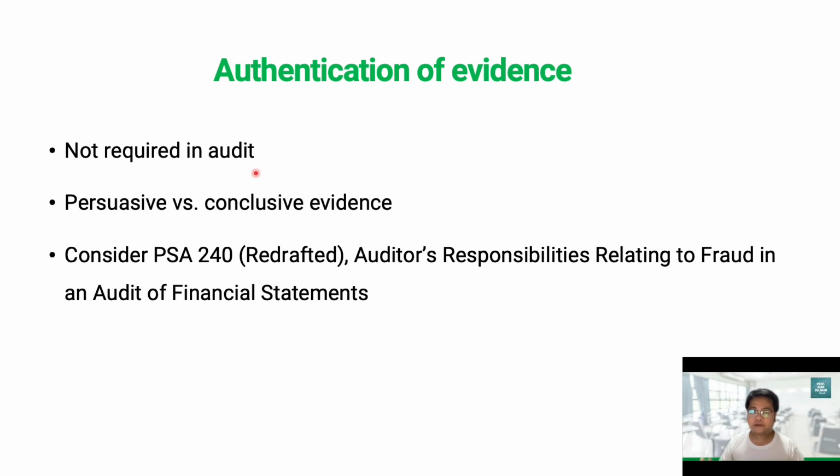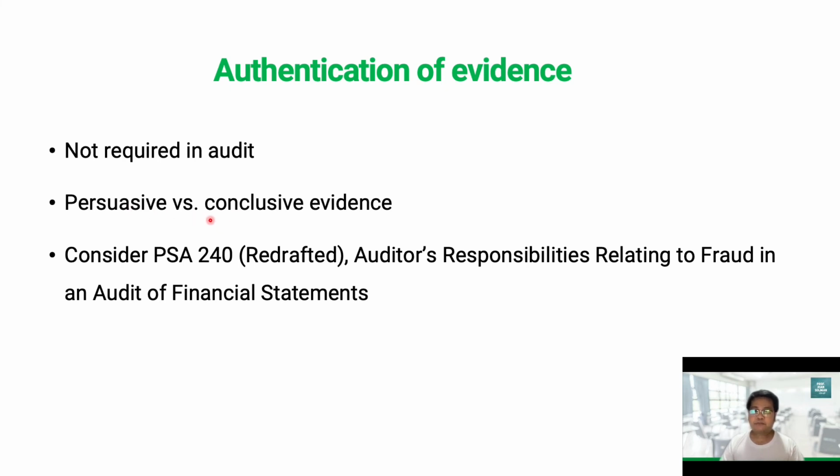That's not part of our skill set as auditors. That's why we have what we call persuasive versus conclusive evidence. It's enough for us to rely on persuasive evidence. Persuasive means that the evidence is in good form, so there are no apparent erasures or marks that would make us believe that the evidence is not reliable.